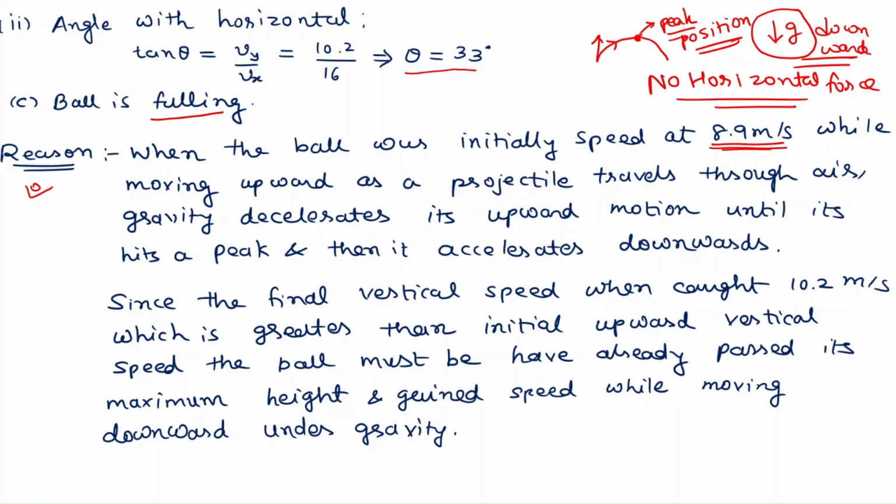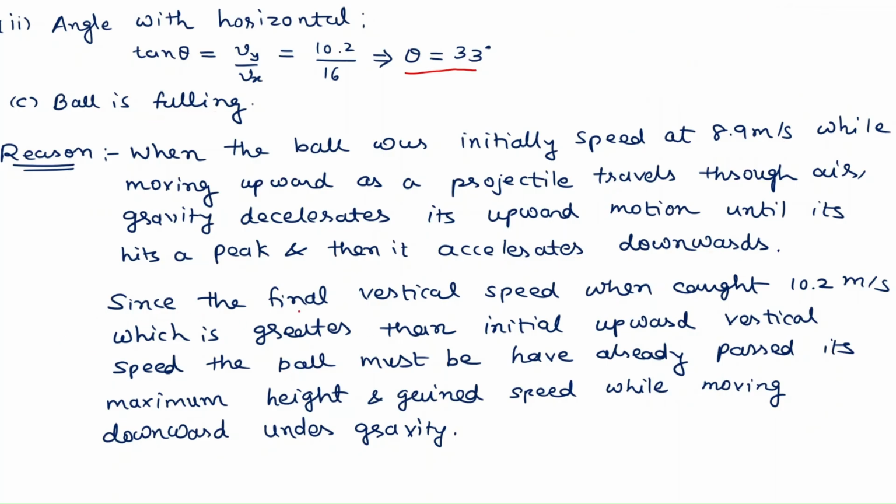So as it reaches the peak position, the ball moves in the downward direction, and because g is acting upon it, it will move faster, meaning it is accelerating. So that means it accelerates in the downward direction. Since the final vertical speed when caught by the keeper is 10.2 meters per second and the initial is 8.9.